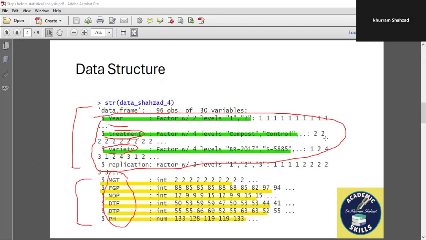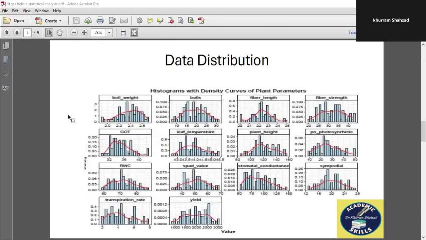Okay. The next step is the data distribution. You can see how your data is distributed, and we can easily see all our parameters in one graph, and how their data is distributed. You can see the boll weight, fiber length, and fiber strength.